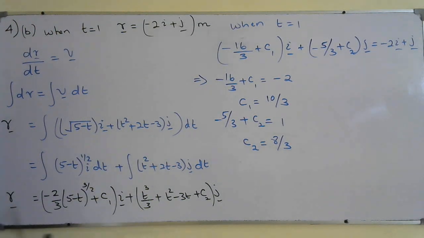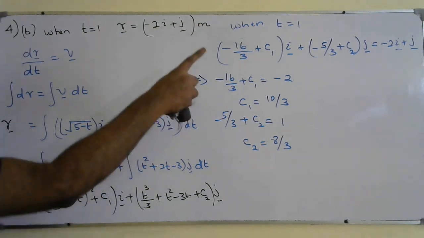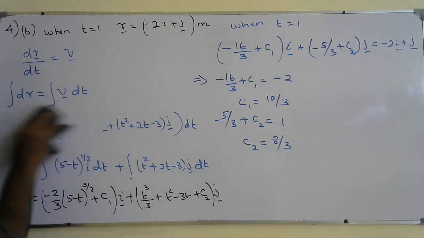Okay, so the general equation for R. So we can write the general equation for R by substituting C1, C2 here. I'll write it here again.